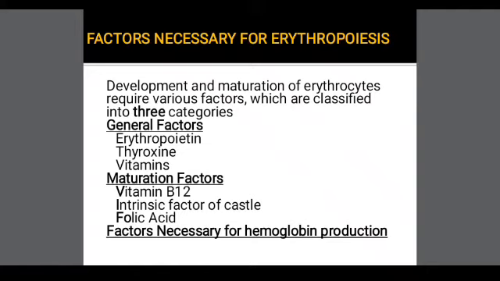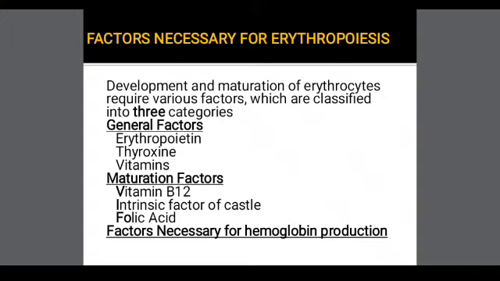Now let's look at the second category, the maturation factors. We have vitamin B12, the intrinsic factor of Castle, and folic acid. Vitamin B12 is a maturation factor necessary for erythropoiesis. It is also called the extrinsic factor because it is obtained mostly from the diet.